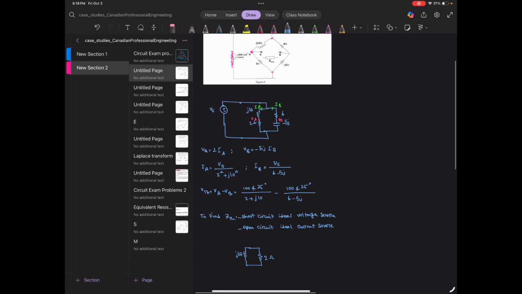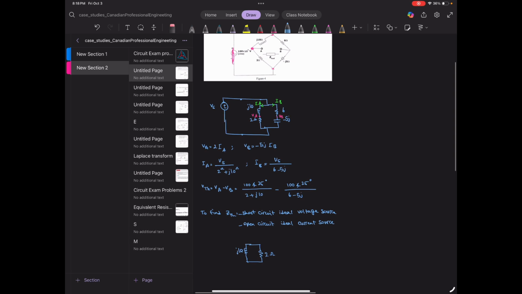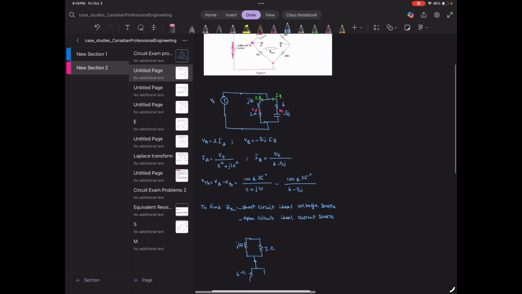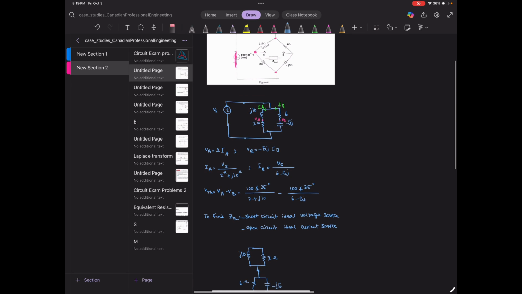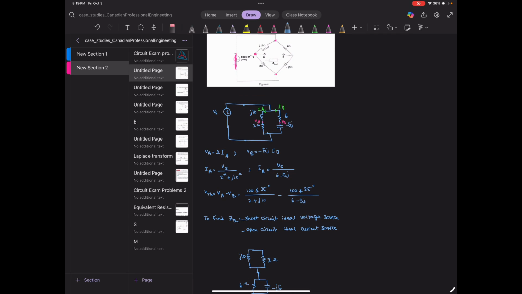Okay, and then what else do we have? The same thing happens to the 6 ohm and minus J5. And you would say, why are these two in series?